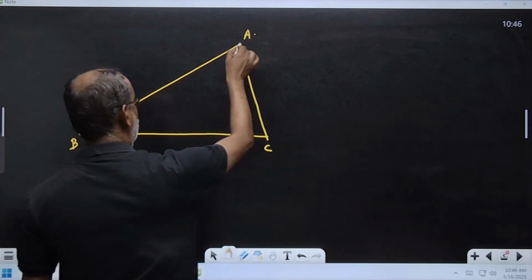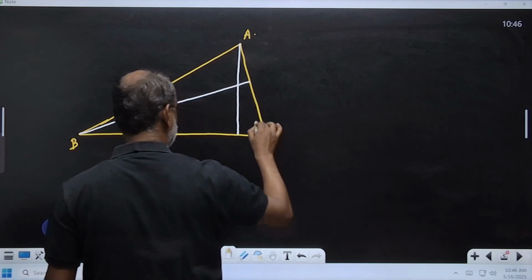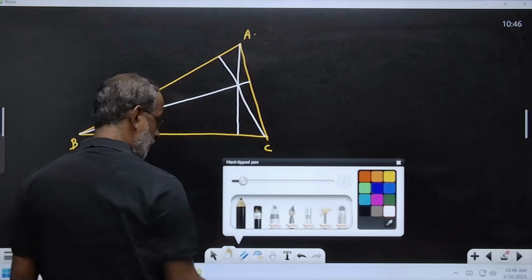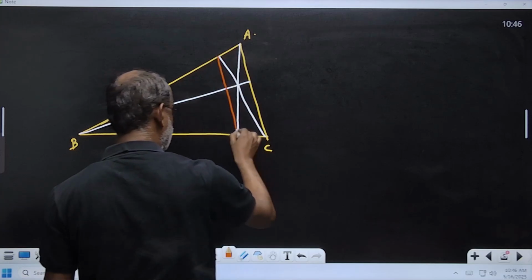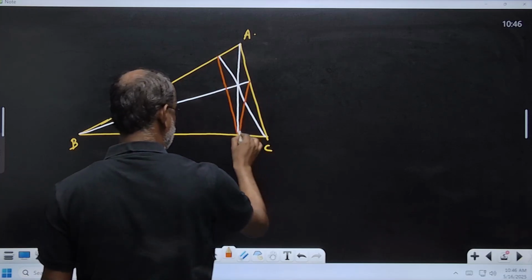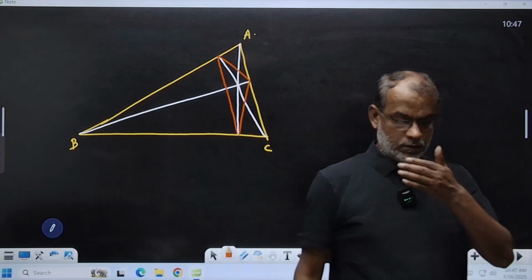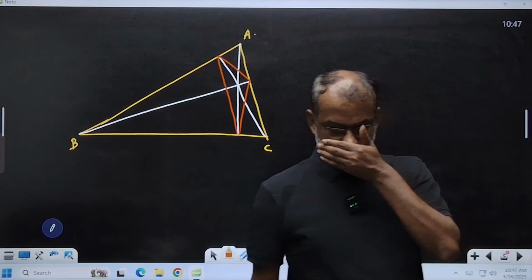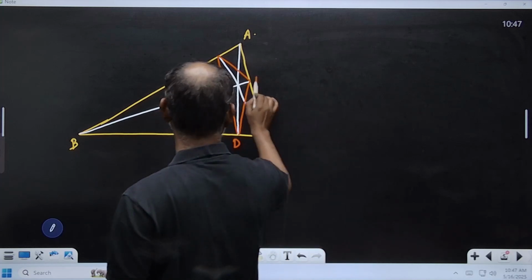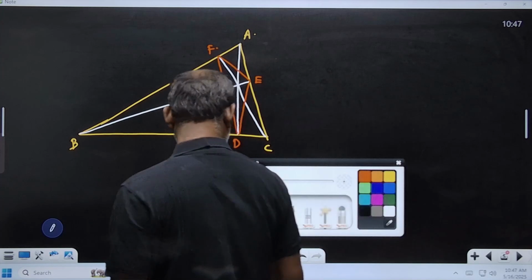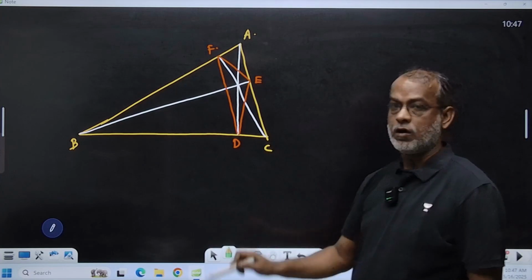So, what we do is that we draw altitudes and then we say this is the triangle with least perimeter. It is called orthic or pedal triangle.